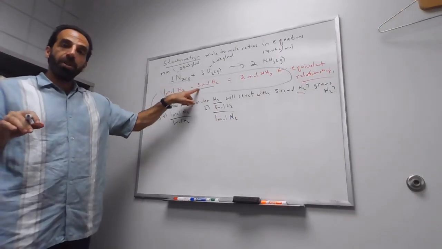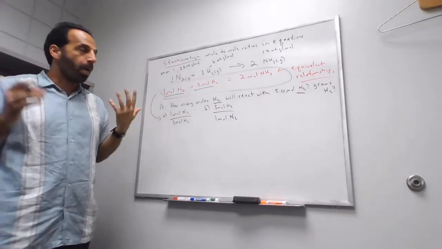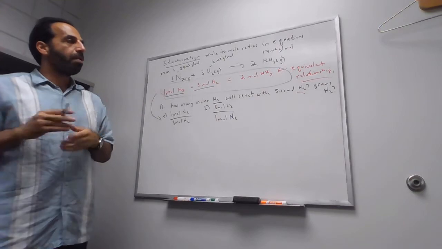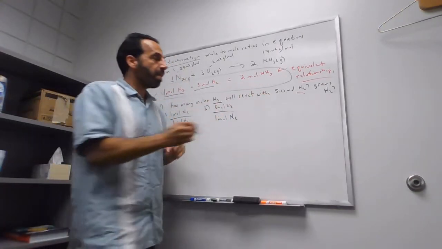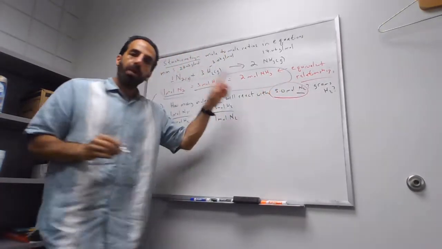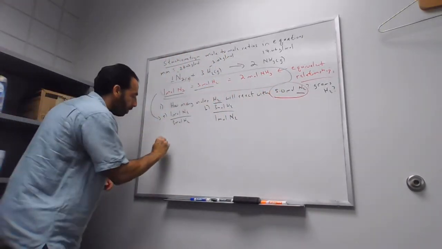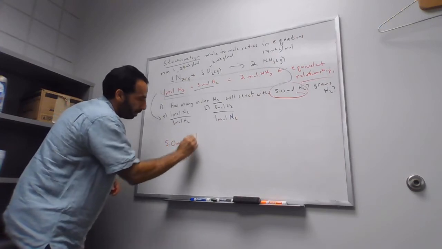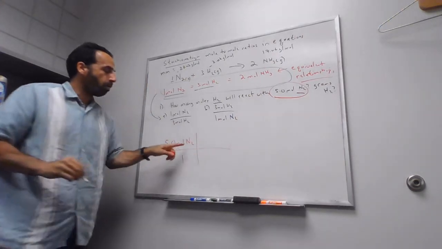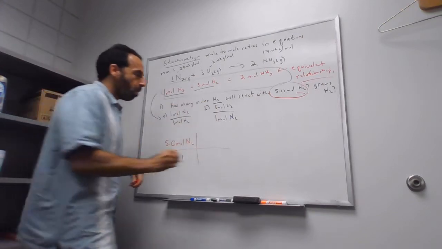This is an equivalent relationship, 1 over 3 and 3 over 1. So it says, how many moles will react with 5 moles of nitrogen? So what I'm going to do is I write down what's given. The what's given is going to be the 5 moles. It's always the one in the original problem, so put that over 1.